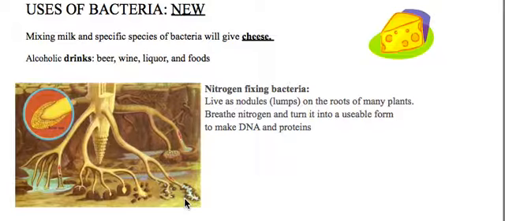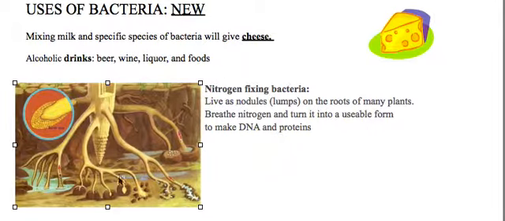They take the nitrogen in from the soil, they turn it into DNA, RNA, and proteins. In return, those DNA, RNA, and proteins are given to the plant so the plant can make its own DNA, RNA, and proteins. And the plant gives these nitrogen-fixing bacteria all the food from photosynthesis that they want.